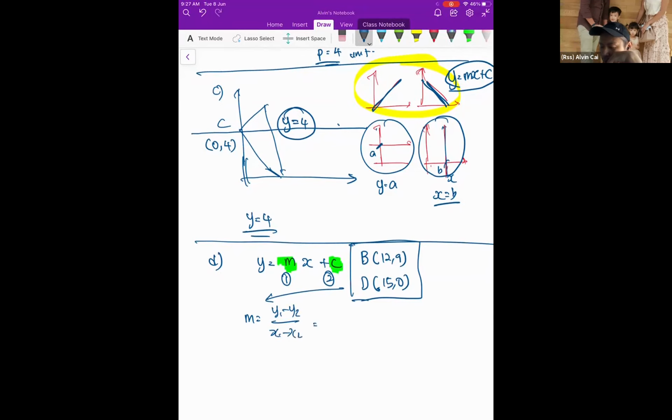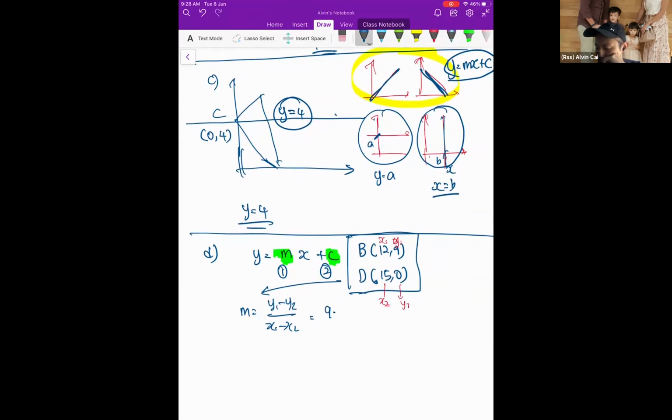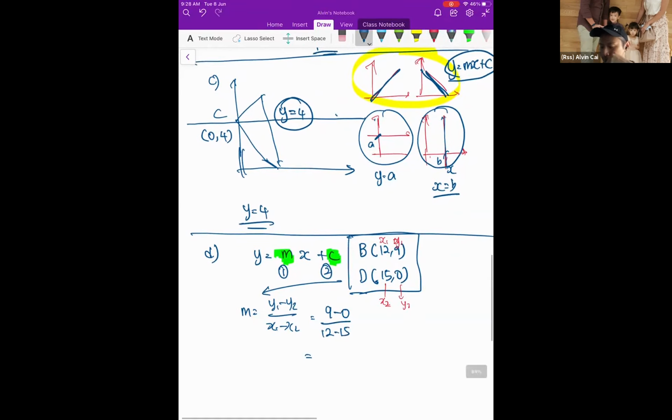Write it down, and label x1, y1 and x2, y2. This will help you prevent confusion, because some of you put down the numbers in the wrong arrangement. So it's 9 minus 0 over 12 minus 15. So the gradient will be equal to minus 3.